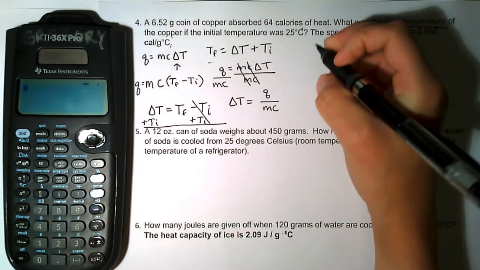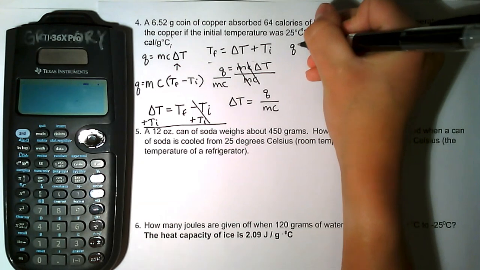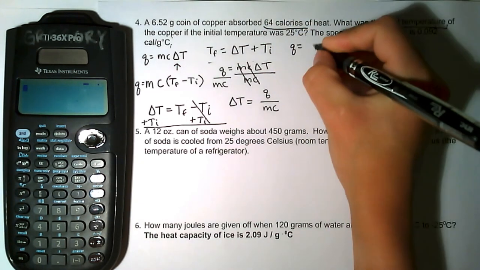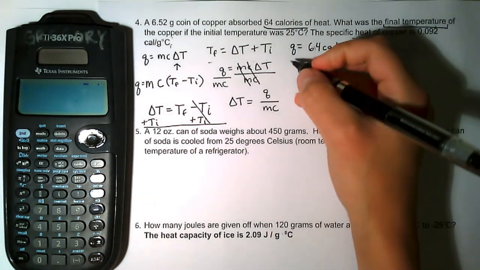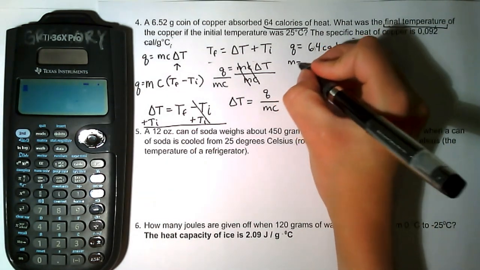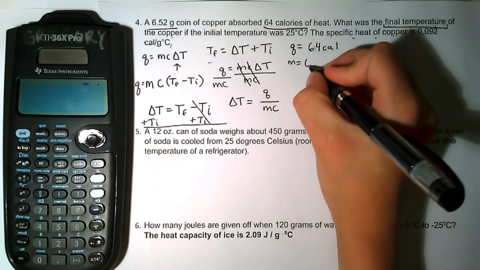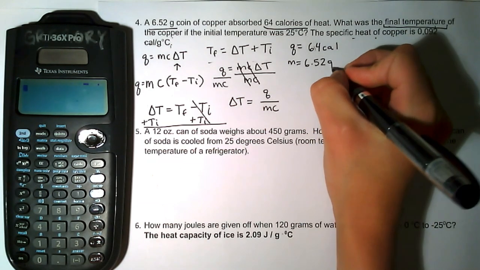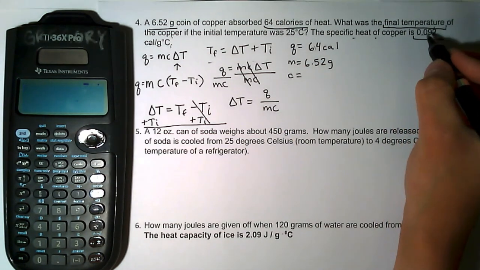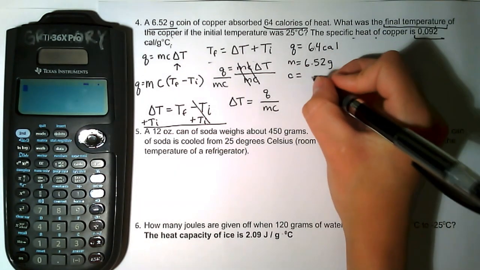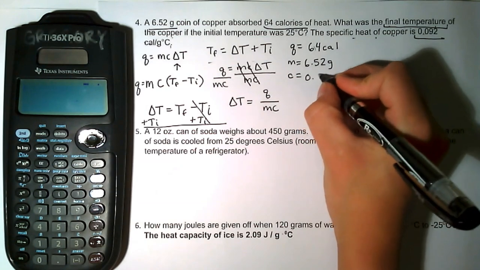So we need to substitute in some values. Our value of Q is 64 calories. Our value of M is 6.52 grams. And our value of C is 0.092 calories per gram degree Celsius.